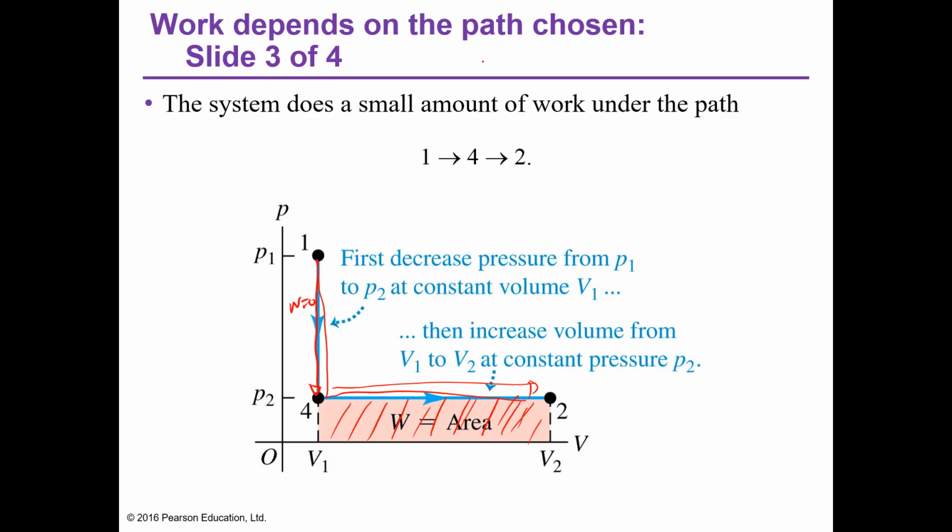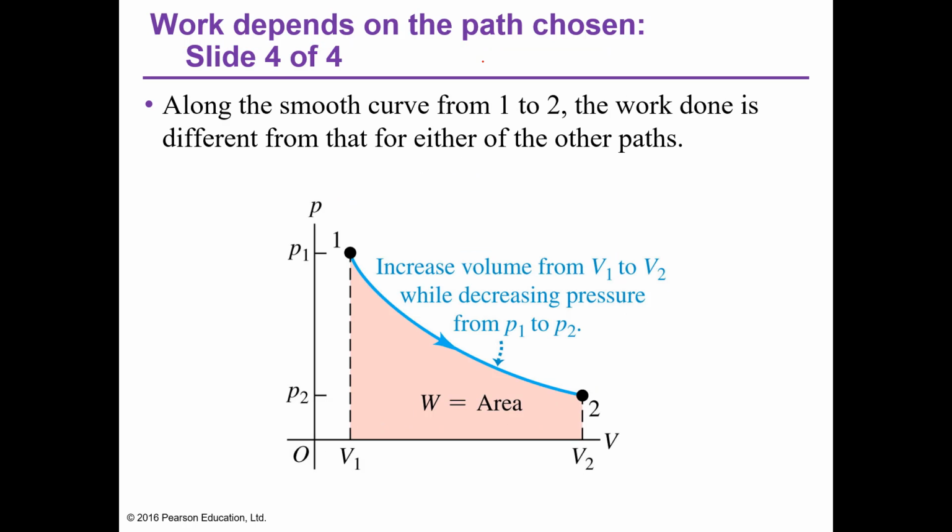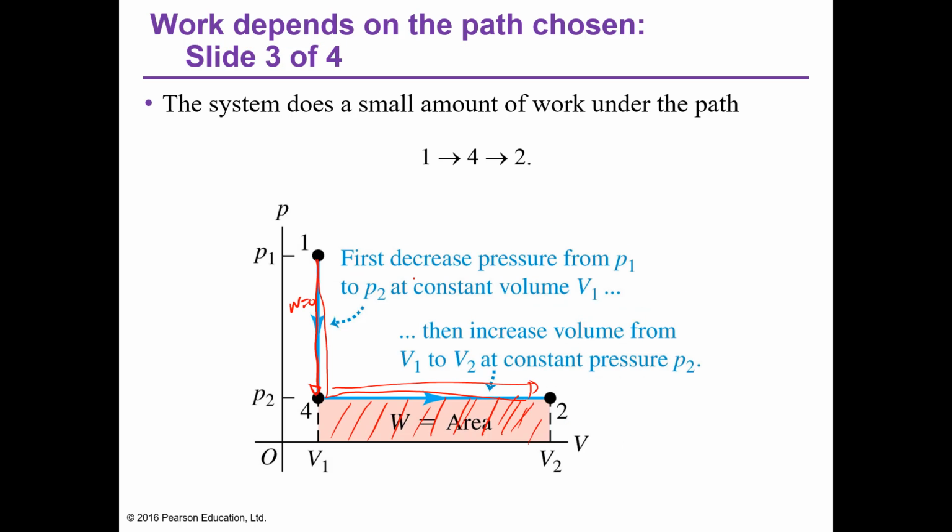Okay, and then for path 3, the work done is just the area under the path. Okay, increasing the volume from V1 to V2 while decreasing the pressure from P1 to P2. So sa kanila nga figure sa tulo, makibalaan nato nga lahi-lahi ang work done sa lahi-lahi nga path nga imong giagyan.